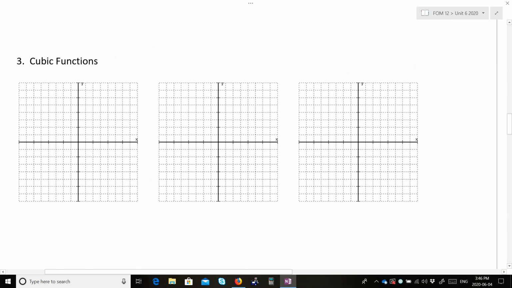All right, cubic functions are of degree 3 because it's x cubed. Cubic functions, degree 3, and that means that there are 3 possible x-intercepts.